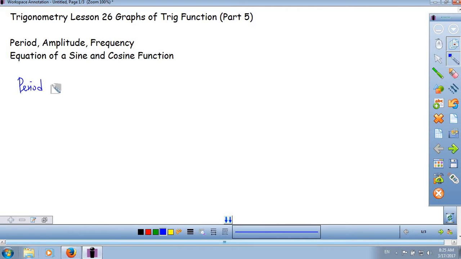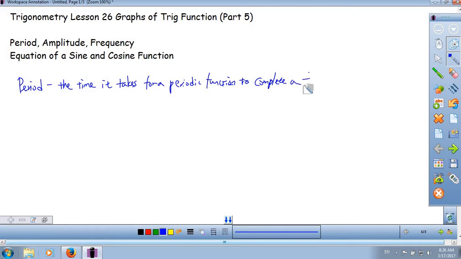Now I have never really defined period yet, so I want to at least define period, and then I will show you what they are. So period is the time it takes for a periodic function to complete a full cycle.